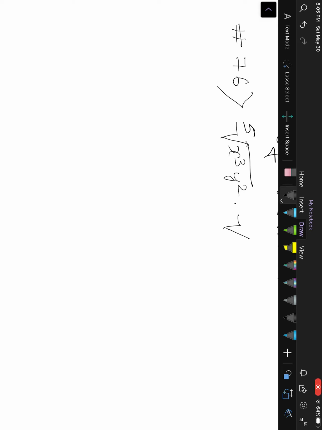I will go for another example where I will simplify the expression and eliminate negative exponents. This is the same as exercise number 76 in your book. So I consider the 5th root of x cube y square times the 10th root of x to the power of 4 y power 16.